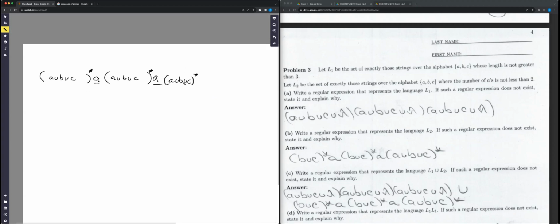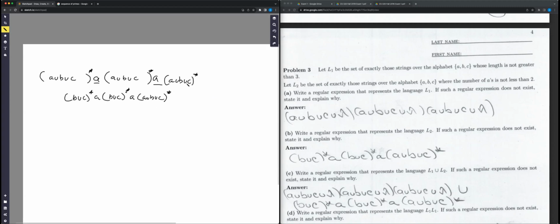The reason our answer is slightly different than hers is because her answer says this: (A or B or C) star, A, (A or B or C) star. The reason she doesn't include the A's here is because you don't actually need to.